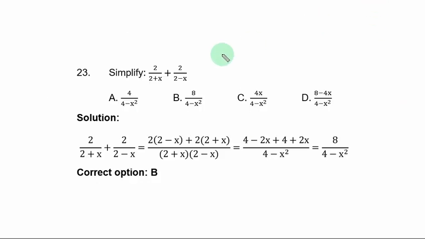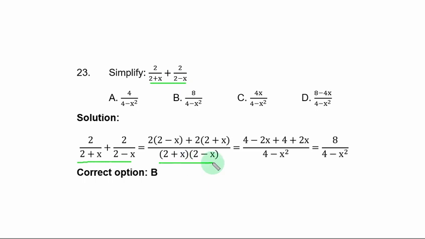Question 23. Simplify this. What you have is fraction addition. The denominators are different terms. Their LCM becomes their product.